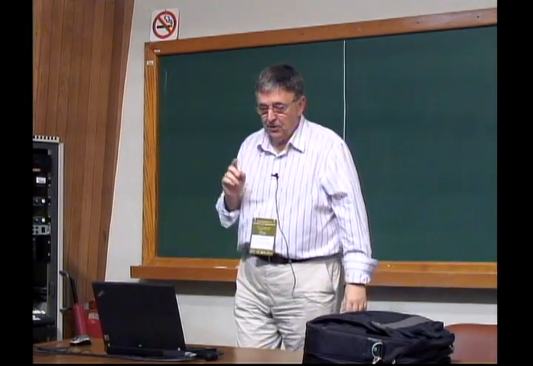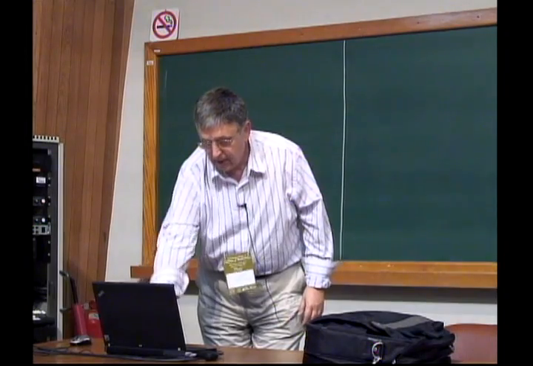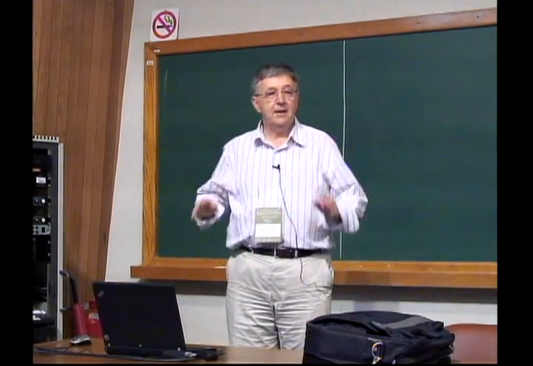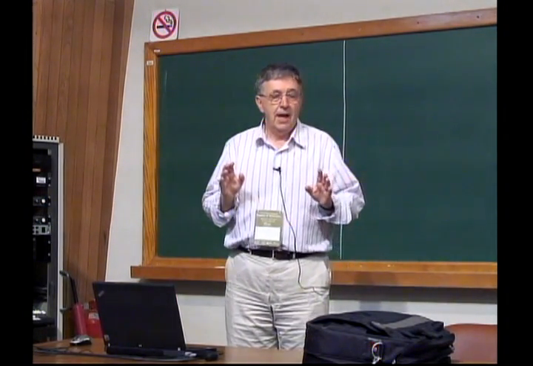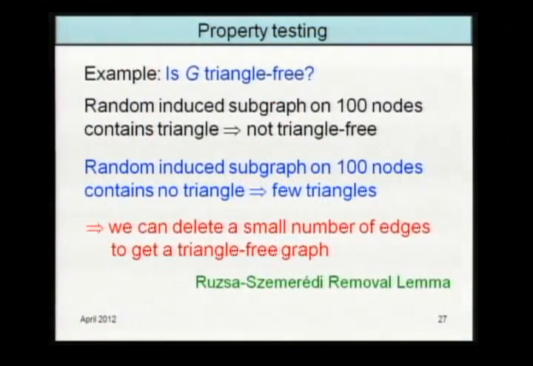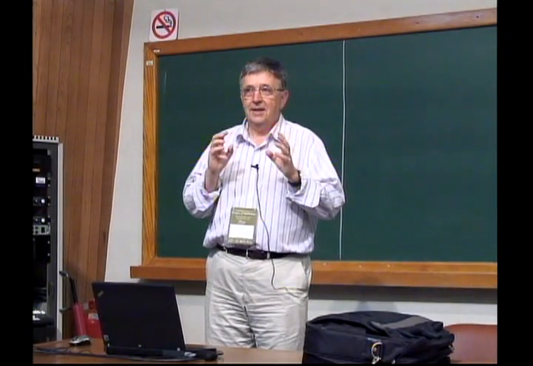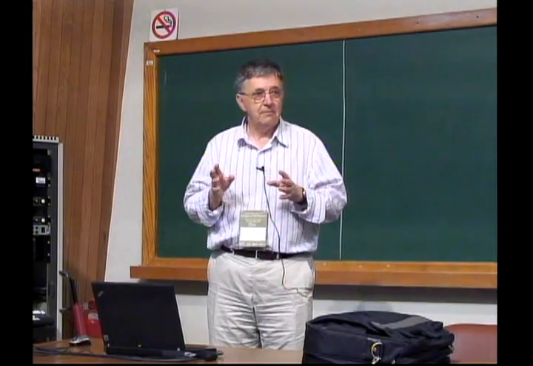So this is actually a very deep theorem. It's called the Ruzsa-Szemerédi removal lemma. And it's one of those really annoying points where you first hear it, you say, oh, okay, I'll do it by the end of the talk. And then it turns out that it's actually quite a difficult statement.